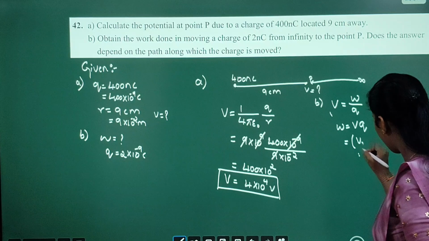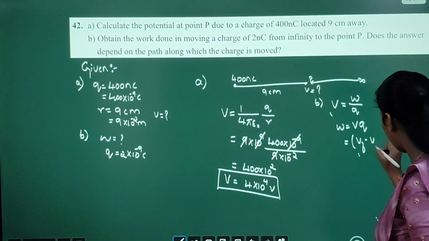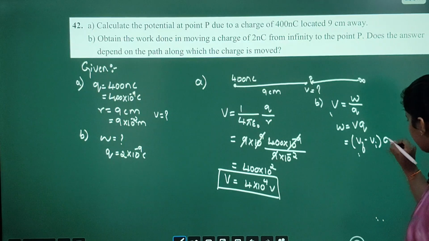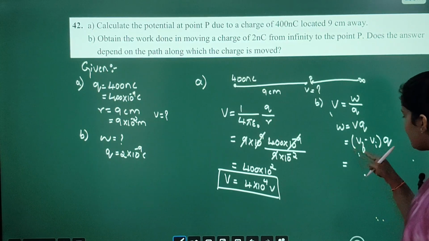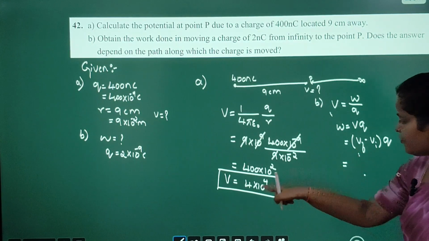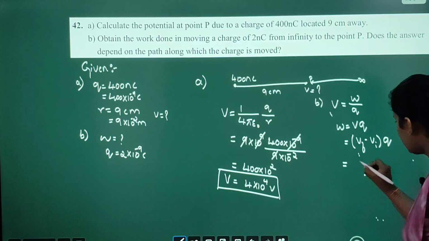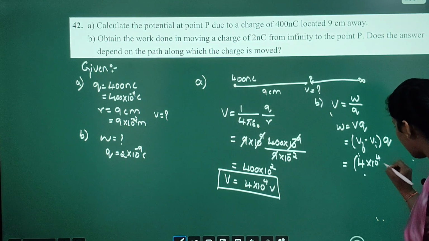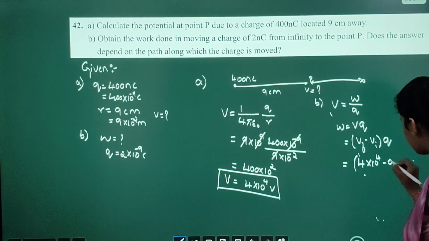So, work done is equal to Vf minus Vi, the final potential minus the initial potential, into the charge. What is the final potential here? We already found it: 4 into 10 to the power of 4 volt. Write down 4 into 10 to the power of 4 minus the initial potential, which is 0.